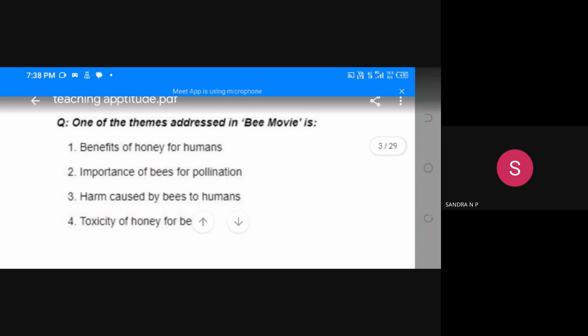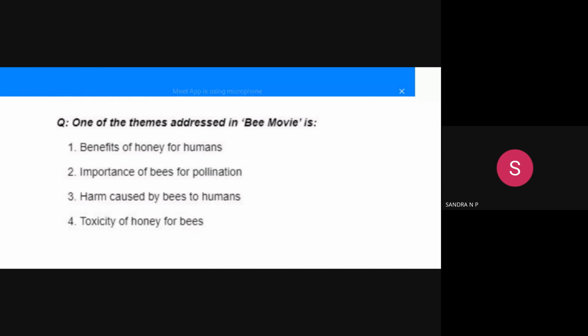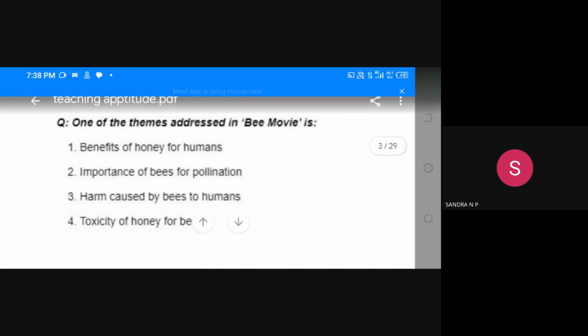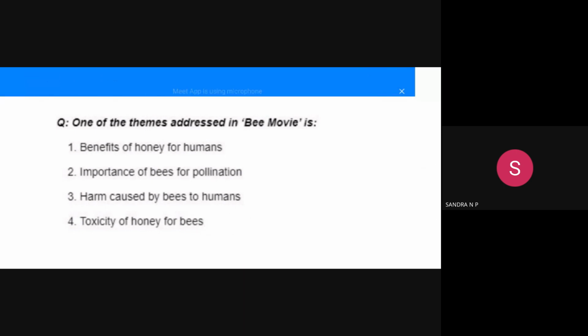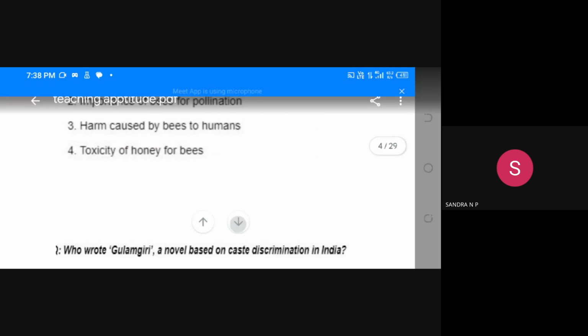So I prefer you to check on Google the theme or the plot of the movie. The answer given in this option is not correct. Just know the story of the movie. So I'm going to skip this question.